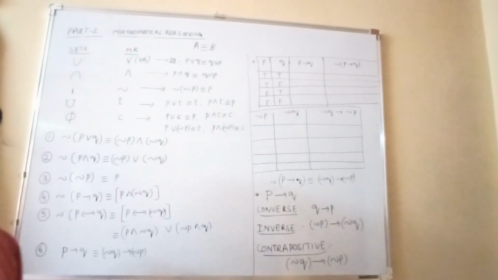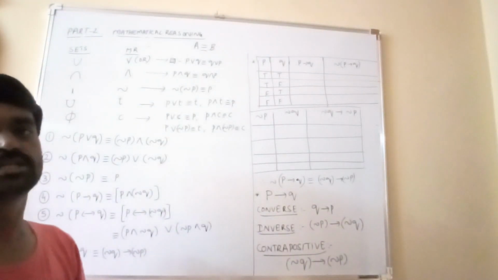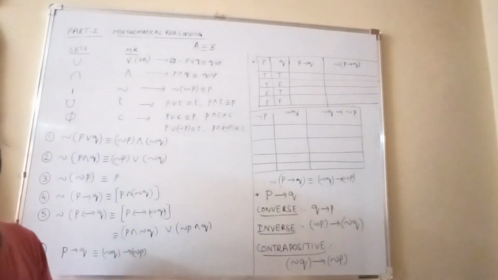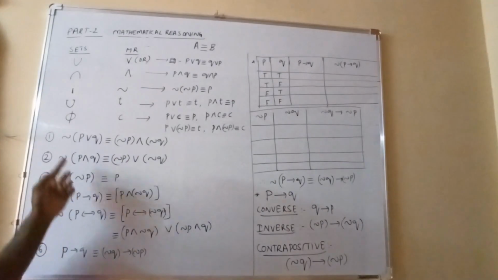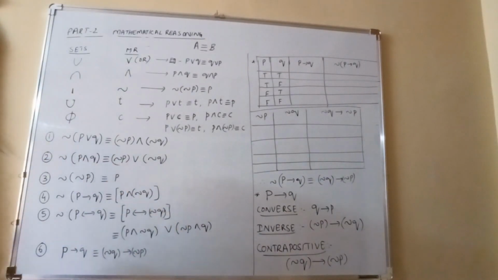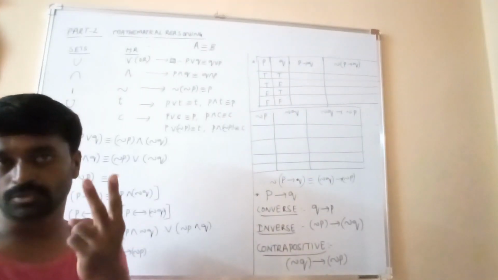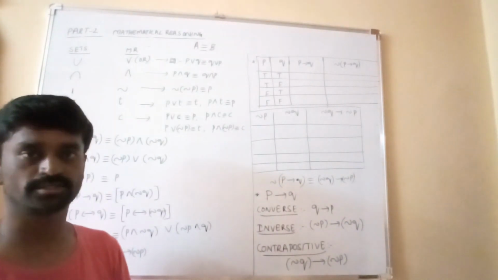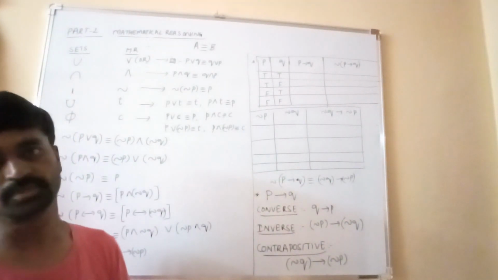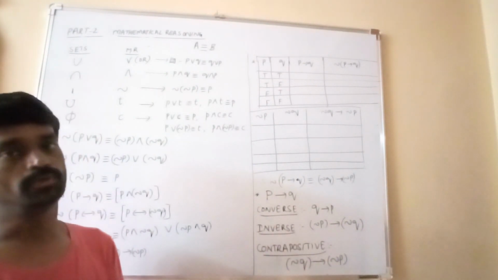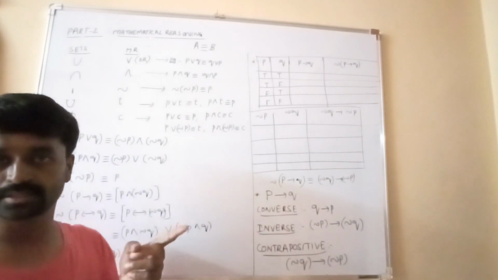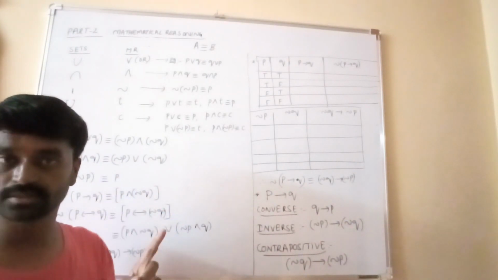Okay, so next, negations of the basic compound statements. Negation of P or Q: we know De Morgan's law, which we have learned in set theory. A union B whole dash is A dash intersection B dash. Here union is nothing but OR, intersection is nothing but AND, complement is nothing but negation.